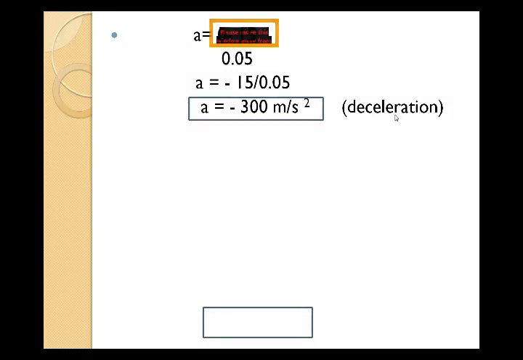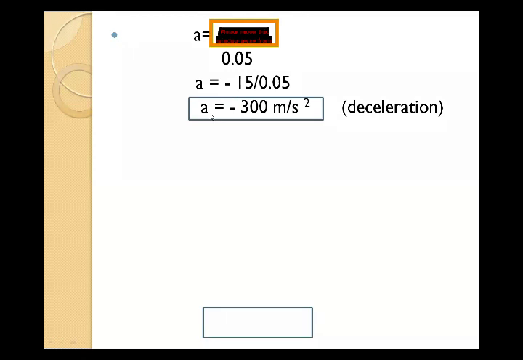Do you remember what is deceleration? We have studied in detail in chapter 3, kinematics. And I am going to repeat it: if the velocity is decreasing, then the acceleration is said to be deceleration. Okay, so the negative sign shows that the acceleration is deceleration.